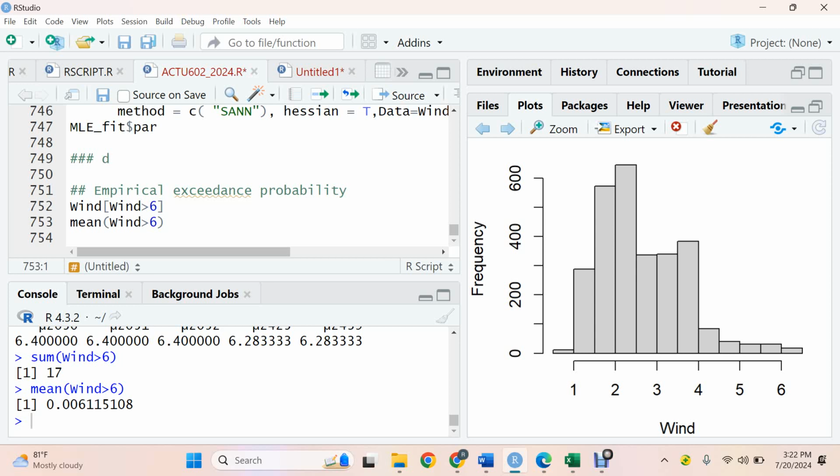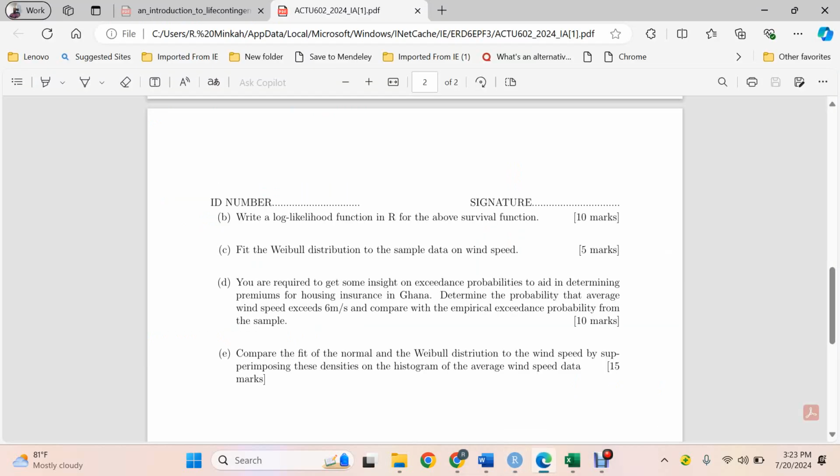Okay, so this is my empirical exceedance probability, which is P, let me call it P naught hat. So this is what the data is telling us. Now, I can let you fit a normal distribution. I think that's what I did. Yes, so I said now fit a normal density.